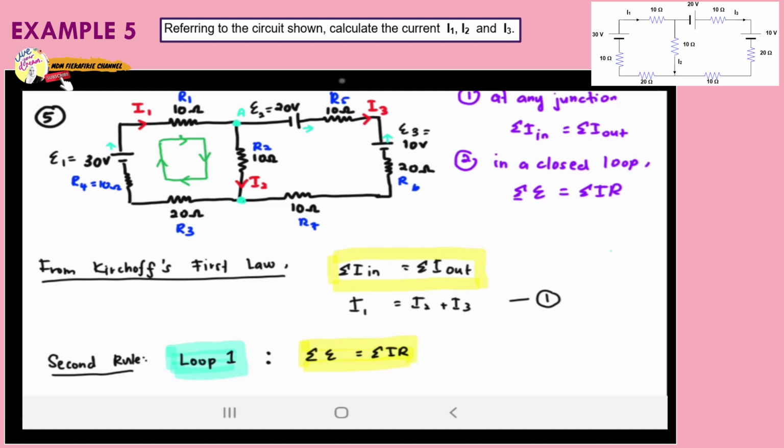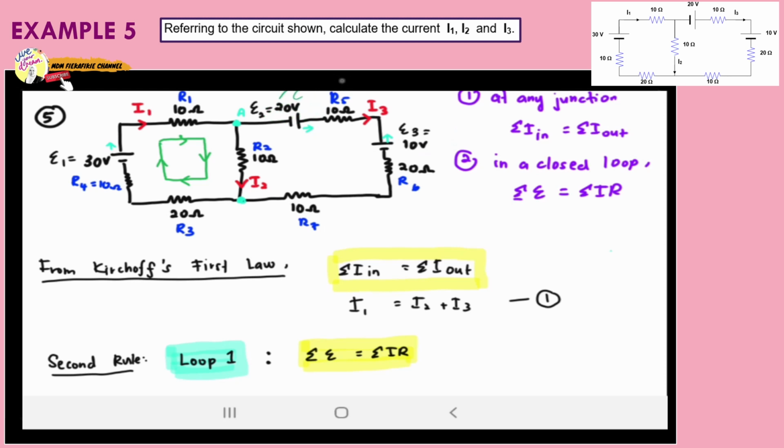Now I'm going to determine the direction of my second loop. Let's compare the value of the EMF in the second loop. Since the second EMF is 20 volt and the third EMF is 10 volt, I will follow the direction of the current from the second EMF, since its value is bigger compared to the third EMF.